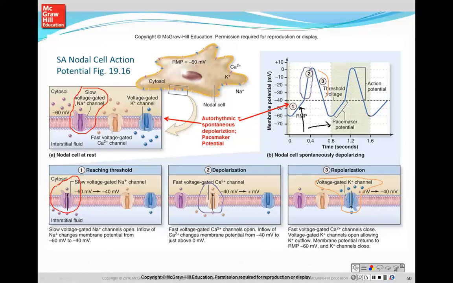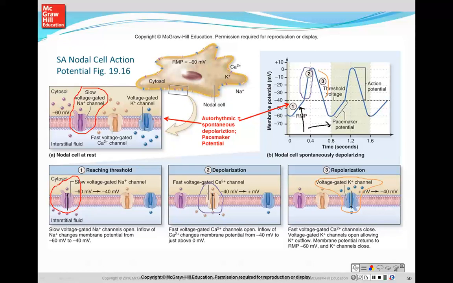So to reach threshold really quickly, in an SA nodal cell, we have something called a pacemaker potential, which is kind of a resting membrane potential that varies between negative 60 and negative 70. It automatically will reach the threshold voltage with the help of special sodium channels opening and sodium influx occurring, and also some calcium channels that aren't shown here.